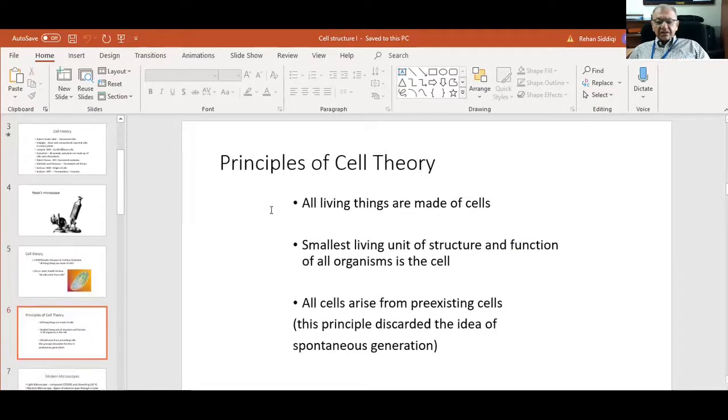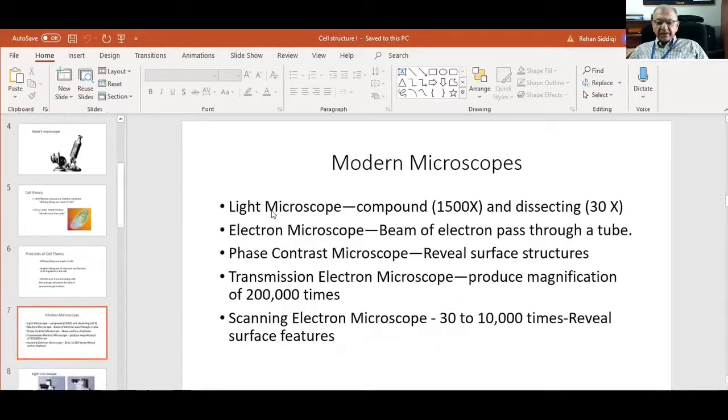In the next slide again, you see the various parts of the cell theory. All living things are made of cells. Cell is the smallest unit of structure and function. All cells arise from pre-existing cells. These are the important points of cell theory which were formulated by Schleiden and Schwann.